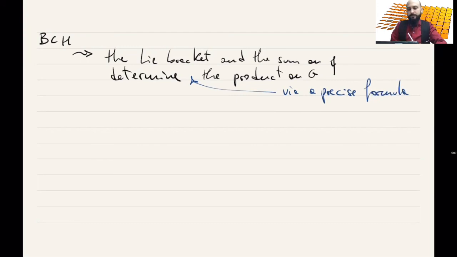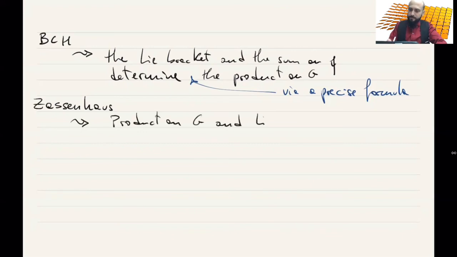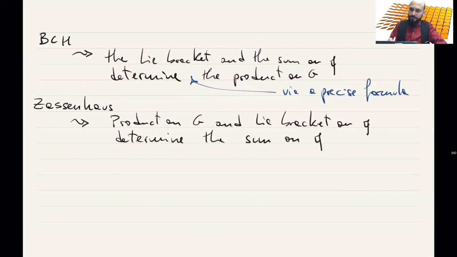There are other formulas that maybe are not as famous as the Baker-Campbell-Hausdorff formula that also give other implications. For example, there is the Zassenhaus formula that tells you that the product on G and the Lie bracket on G determine the sum on the Lie algebra.